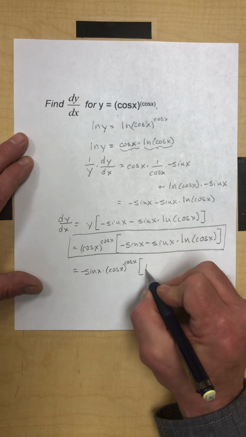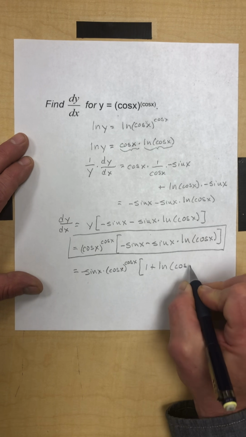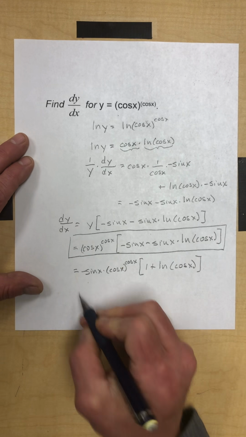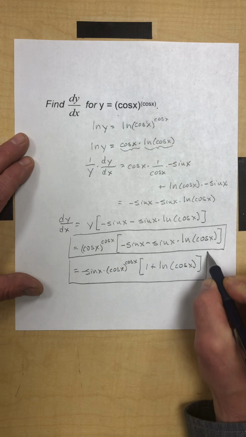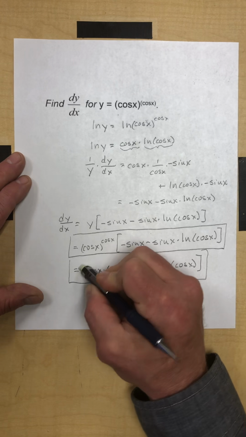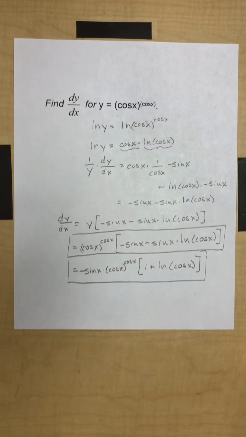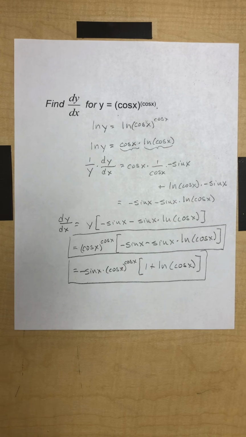Okay, so that would be 1 plus natural log of the cosine of x. And that would be another form of the answer. Okay, and then don't forget that's a negative sign out here. Okay, I don't see anything else to do with it, so that should be okay there. Let's go on to the next guy.